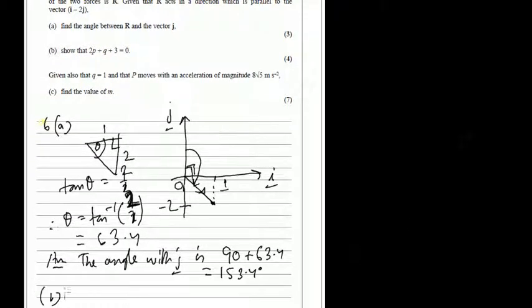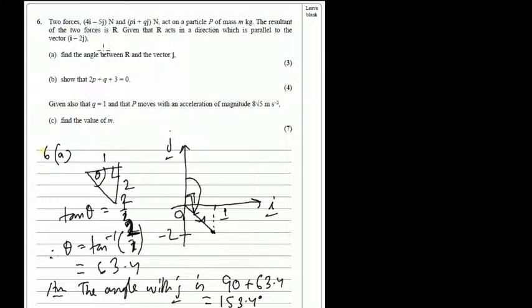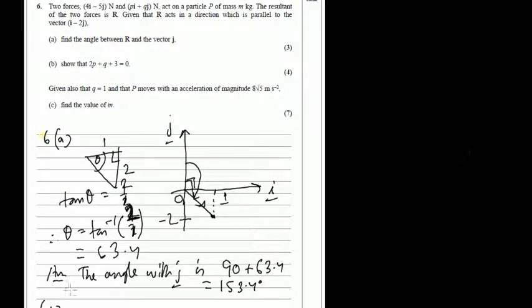Question number B. Before finding this relationship, we know one thing, that the two forces together make the resultant force. For that reason, this resultant force equals F1 plus F2.